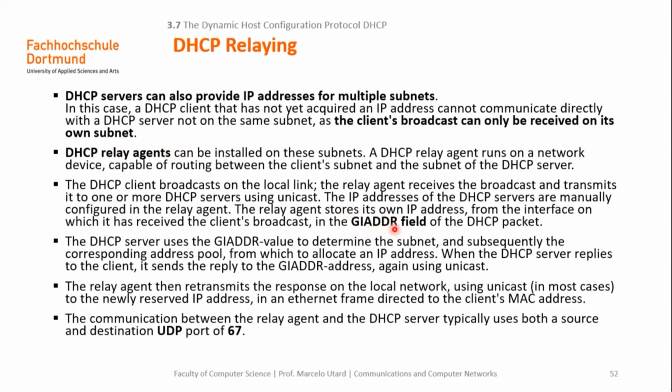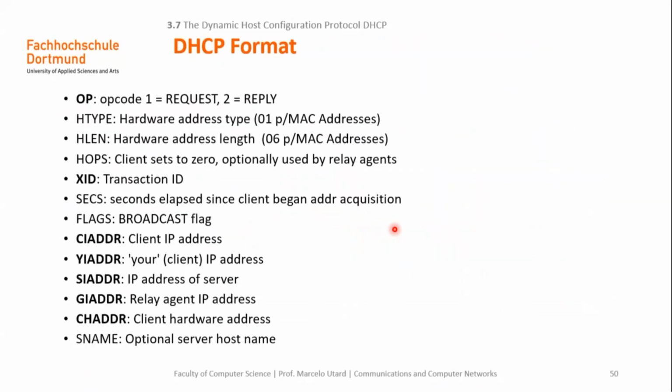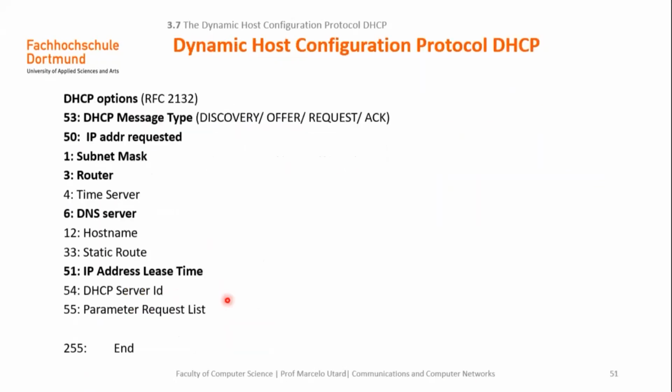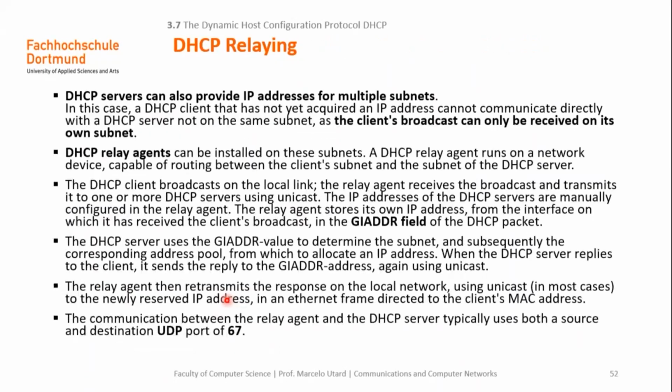And remember that field is this one, the relay agent IP address, or gateway IP address. And then finally, the communication between the relay agent and the DHCP server is established using port 67 on both sides.